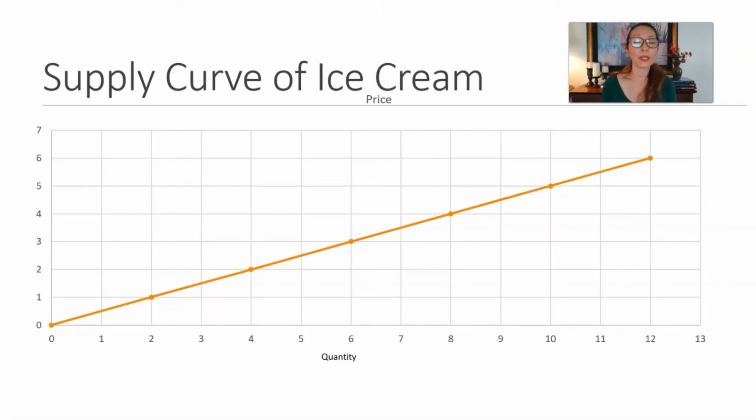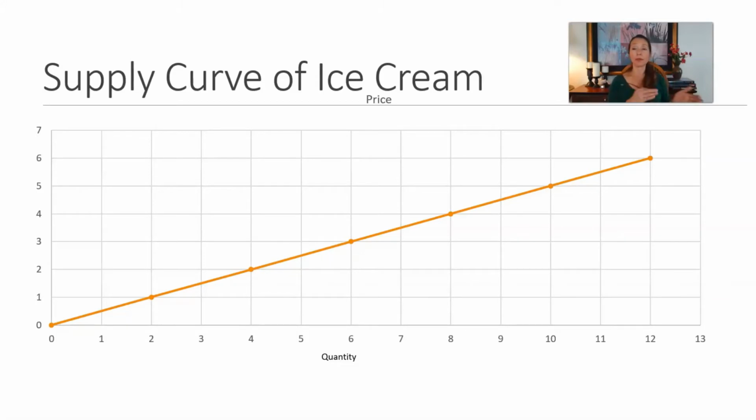If we look at the supply curve of ice cream, we're going to see that the supply curve represents the opportunity cost of producing ice cream. It's not just ice cream in terms of the traditional costing that you would think of in business, but we're looking at what else the firm could be producing that would also bring it revenue.